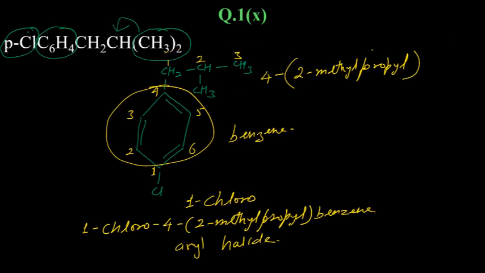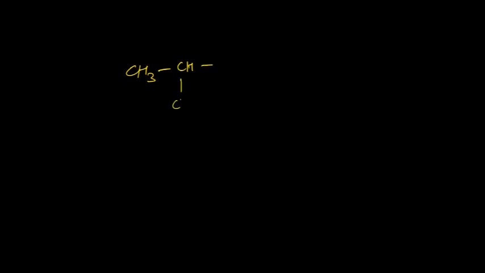So I'm just explaining it. And that's what we did in the beginning of this chapter. If there is a CH3 group on the second carbon, only one CH3 group, then it will be known as isopropyl.